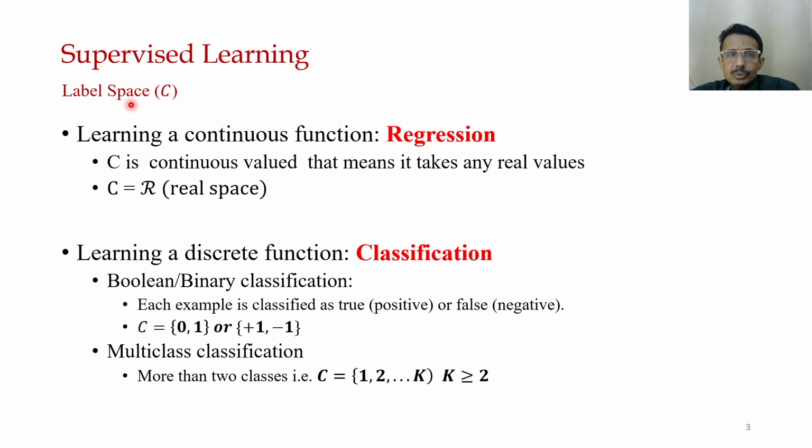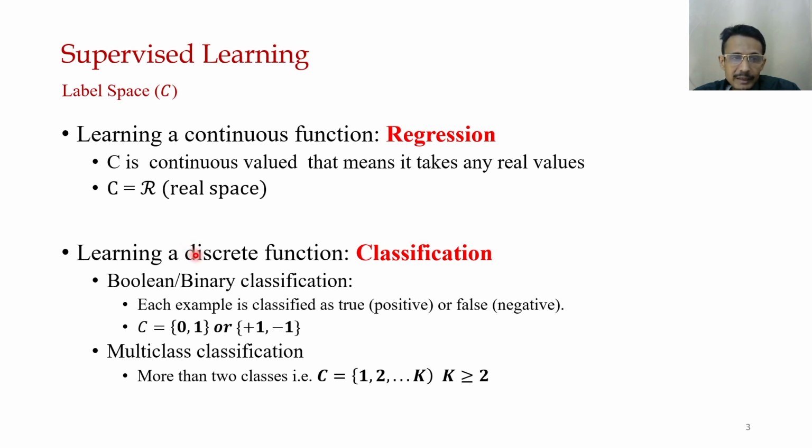We introduce one term here, called the label space, C. For regression, this C is continuous valued, that means it takes any real values. So, this C is a real space in the case of regression. Whereas for classification, this C is discrete valued, so it is from a discrete space.